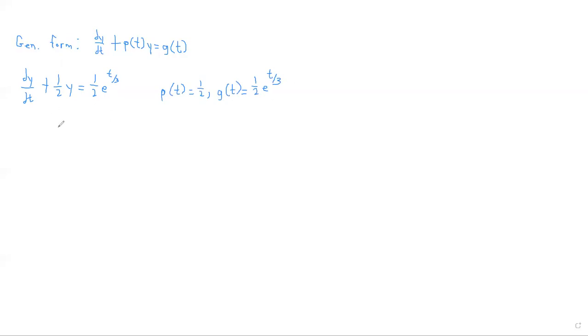So we have that. Now mu of t is equal to e to the power of the integral of p of t dt.